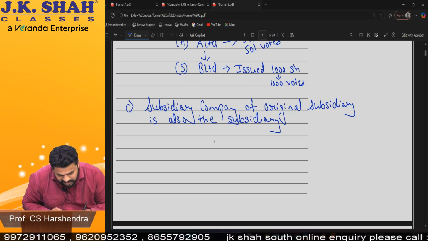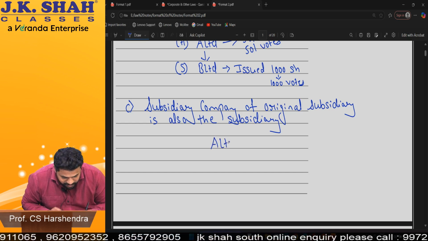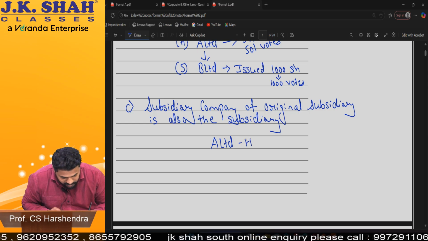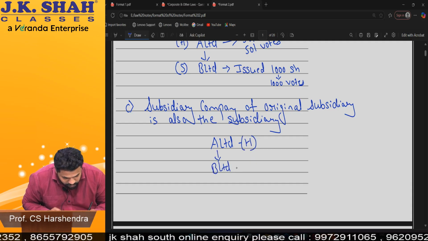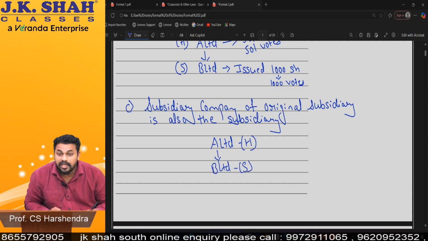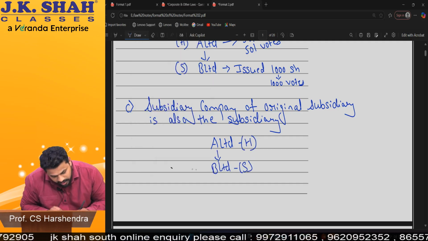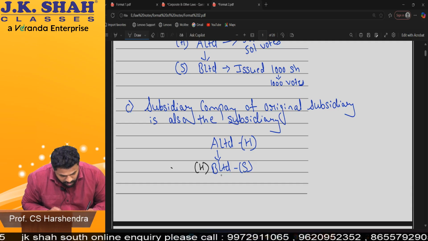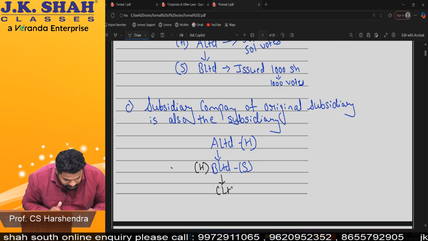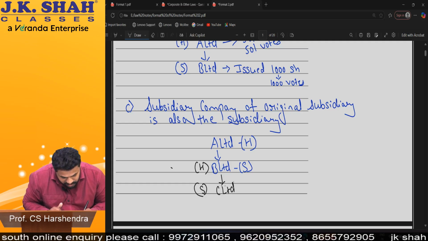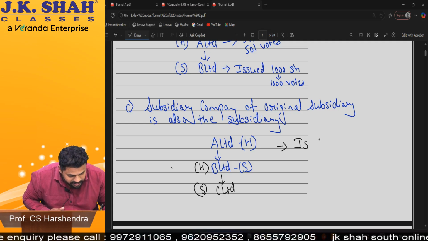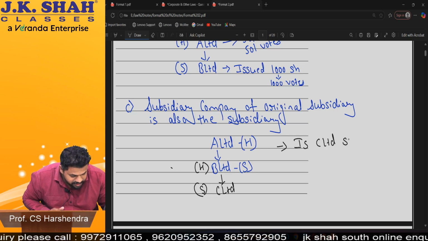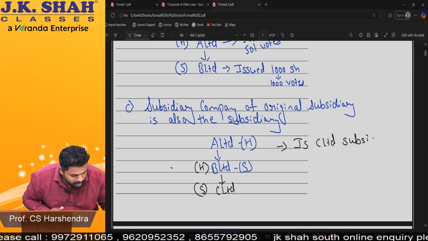Very simple. Understand. A Limited is the holding company of B Limited. So B Limited becomes subsidiary. But if B Limited is the holding company of C Limited and C Limited is the subsidiary, the question is there. So can I say is C Limited subsidiary of A Limited?